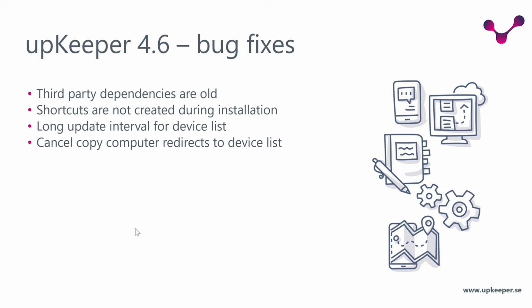So now it will be quite fast when it comes to updating that, even in large environments. And we had another small error when it comes to copying computers, where if you canceled when you tried to copy a computer, you were redirected to the device list. Now you will stay on the computer which you are trying to copy.